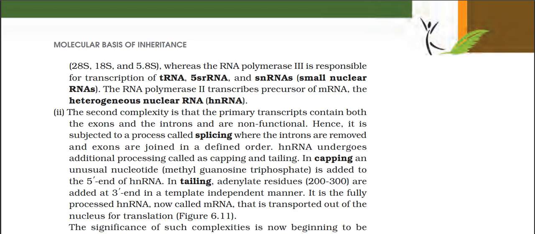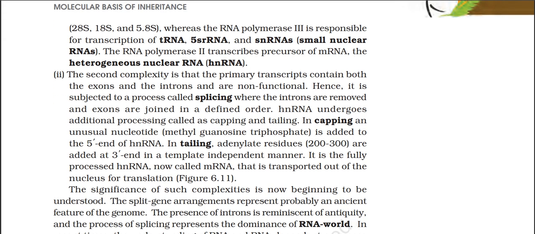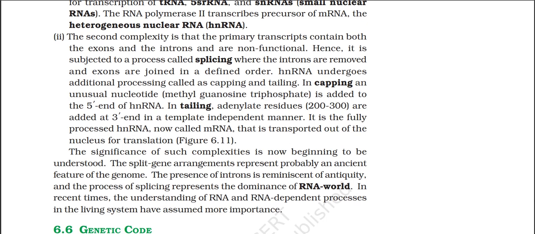In capping, an unusual nucleotide, methylguanosine triphosphate, is added to the 5' end of hnRNA. In tailing, adenylate residues, 200 to 300, are added at the 3' end in a template-independent manner. It is the fully processed hnRNA, now called mRNA, that is transported out of the nucleus for translation, Figure 6.11.